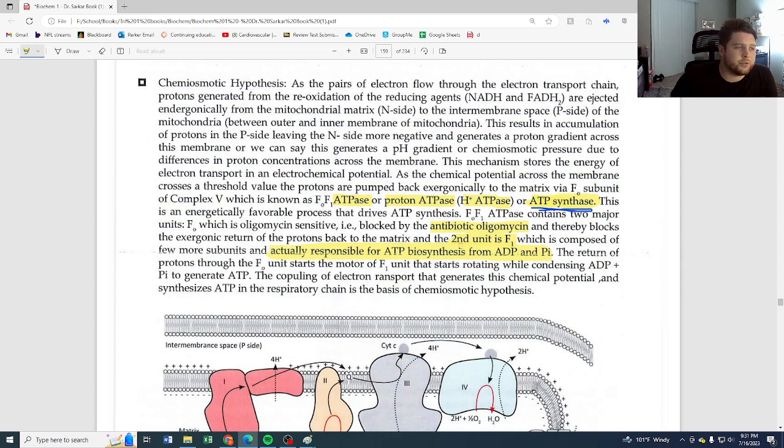I would pull out those two chunks from that little section. Make sure you know those two things.